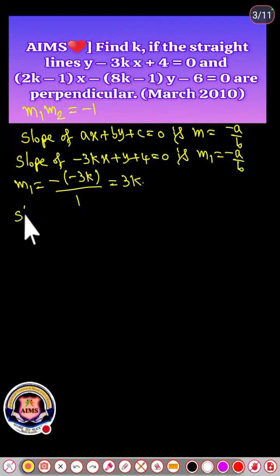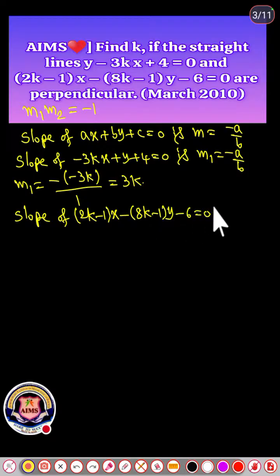Similarly, you can take the slope of the second line, that is (2k minus 1) into x minus (8k minus 1) into y minus 6 equal to 0, denoted by m2 is equals to minus a by b.